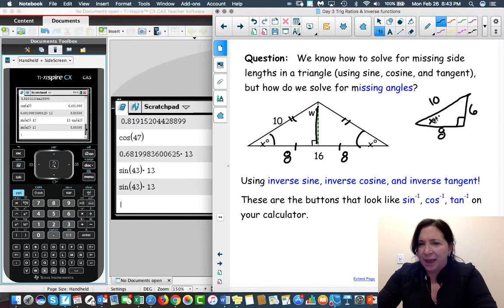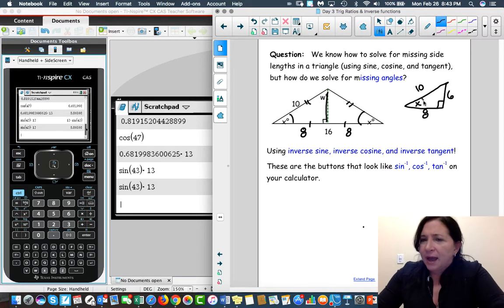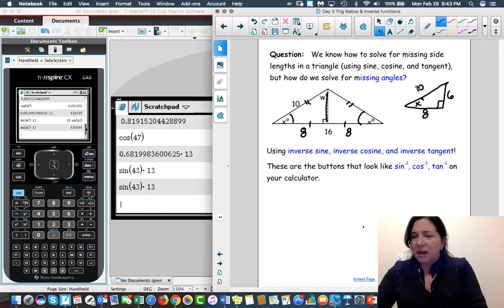But aside from that, I want to use sine, cosine, or tangent to solve this. This is what's going to happen. We have X equal to, this angle is what I'm trying to find. Because I know all three sides, I can use sine, cosine, or tangent to solve.